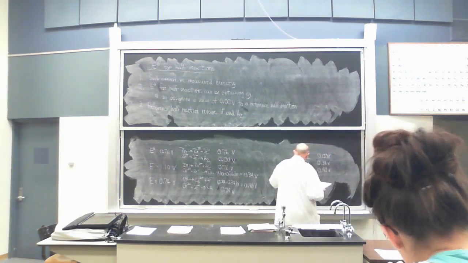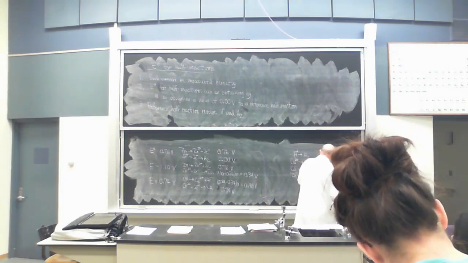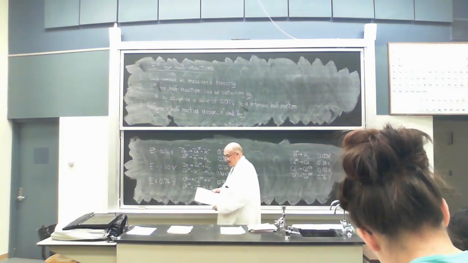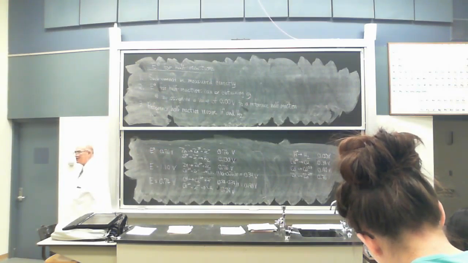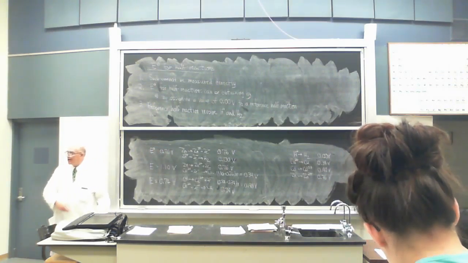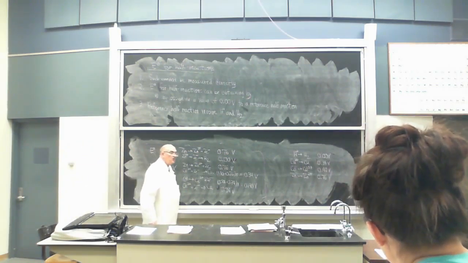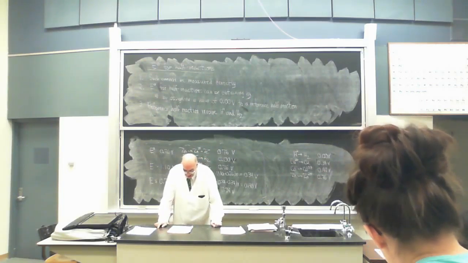And zinc going to zinc ion, that's 0.76. Now I add more reactions into the system, and what do I get? A longer and longer list of half reactions, and the E0 value associated with that.